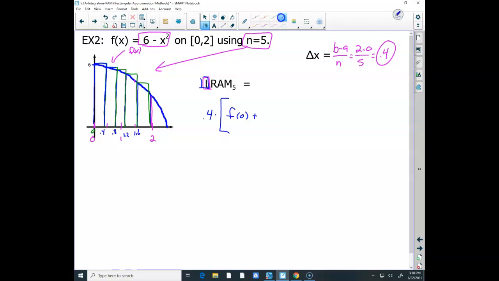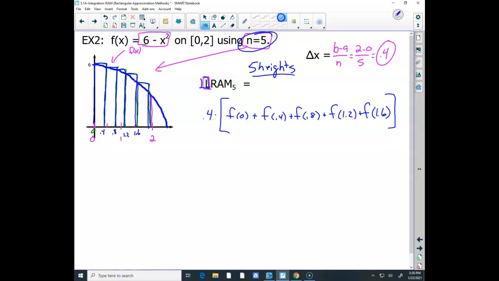That's going to be here at 0.4 because that's the height that's on my curve. f of 0.4 plus, the next rectangle is going to be 0.8. f of 0.8 plus, the next one's f of what? 1.2, I believe. Plus, so that gave me this rectangle, plus my last one is f of 1.6. My calibration's off, but it doesn't matter. Okay? And notice I wanted 5 rectangles, therefore I have 5 heights that I am summing together within my parentheses.